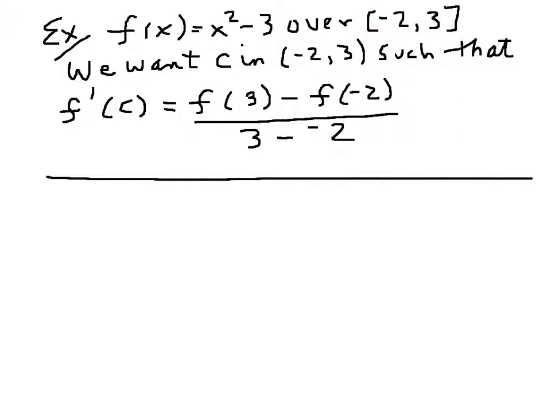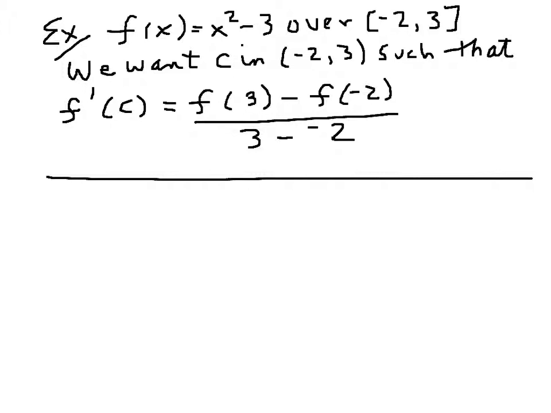And so what we're looking for, what's promised by the mean value theorem, is a value of c in this open interval -2 to 3, such that the instantaneous rate of change at c, which is the derivative, is equal to the average rate of change for f over the interval -2 to 3.